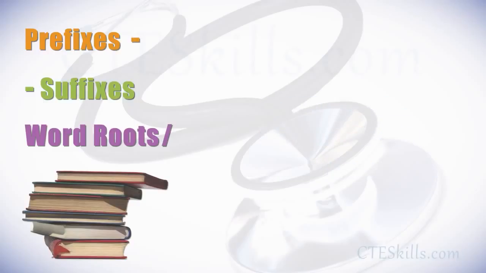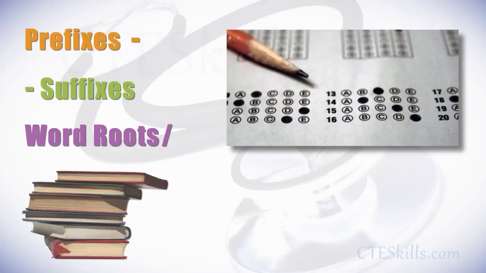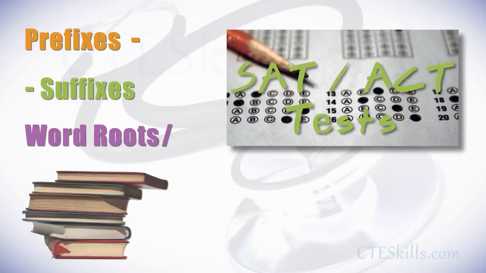Although these elements can be identified by these specific characters, the best way to be sure is through practice, by learning the meaning of word roots and the meaning of suffixes and prefixes. Learning this course will also enhance your ability to score better in the English portion of the SAT test and other similar tests such as ACT.